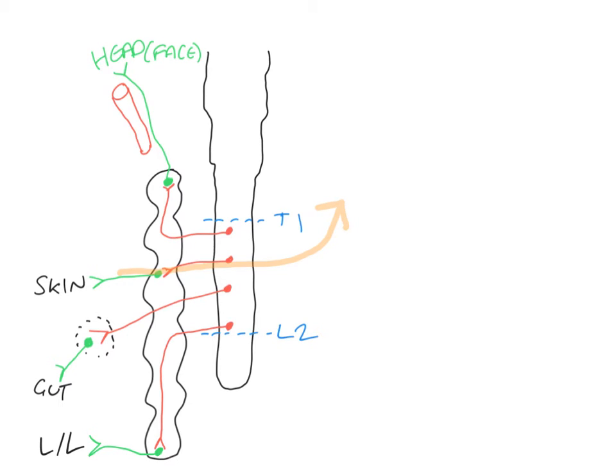And this is a section at about the level of, say, T5. So what we need to do is we need to draw our spinal cord, and to save space I'm just going to draw one half of the spinal cord. So here's one half of our spinal cord, central canal with a dorsal horn, a lateral horn and a ventral horn.